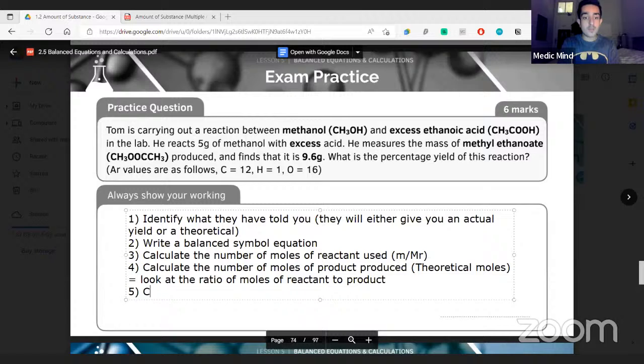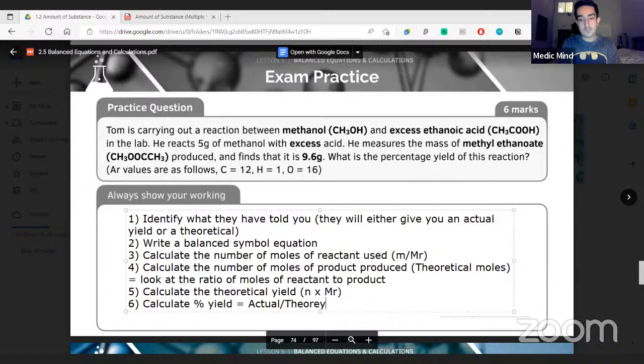Step 5, work backwards and calculate the theoretical mass, again by doing n times MR. And then step 6, calculate percentage yield, which is actual divided by theoretical times 100. And that's your six-step process to calculating percentage yield.